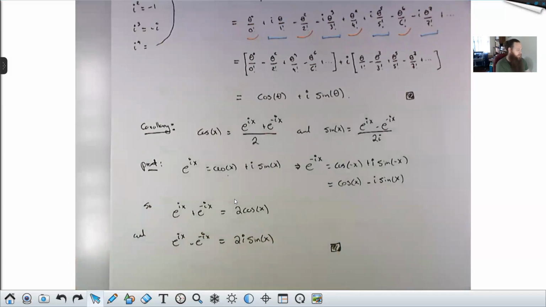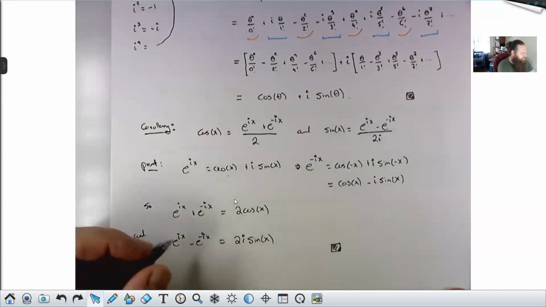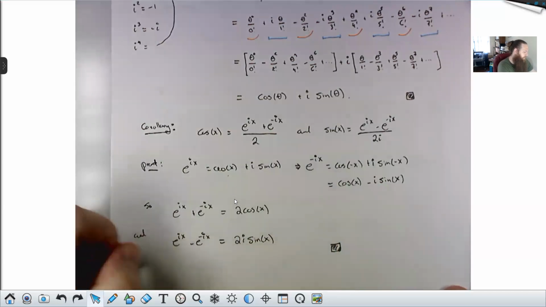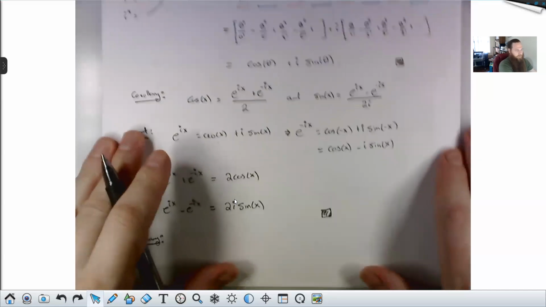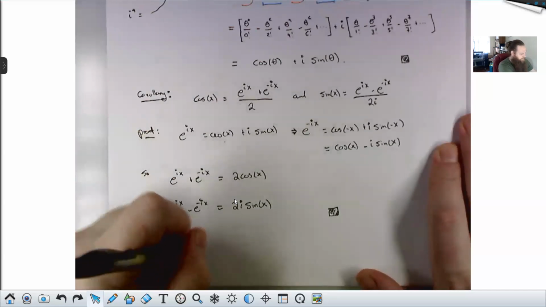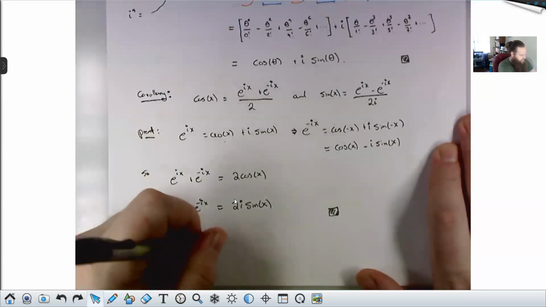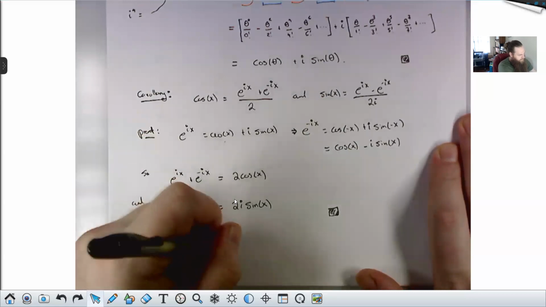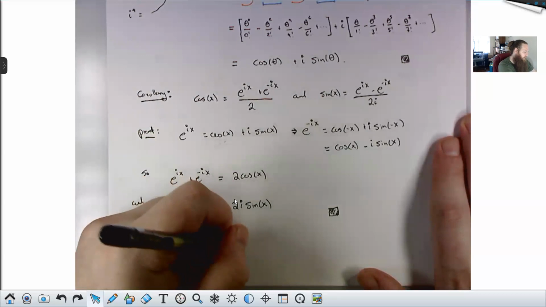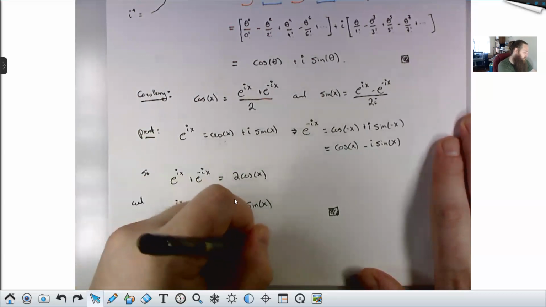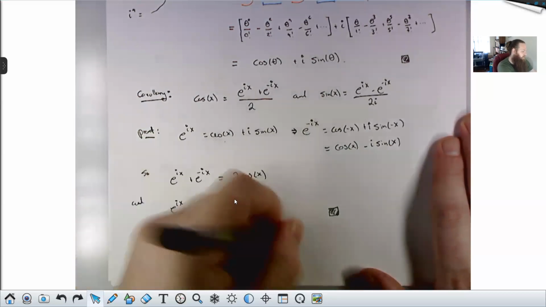The last thing I'll point out is one last corollary. Why do people like hyperbolic trig functions? Well, remember, cosh of something is e to that thing plus e to the negative version of that thing over 2. So cosh of ix is actually just cos x.